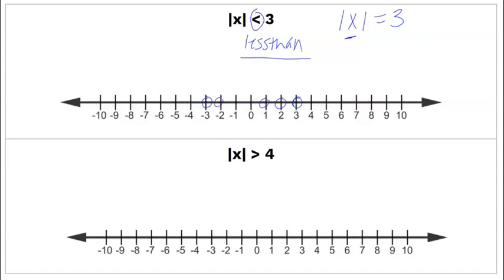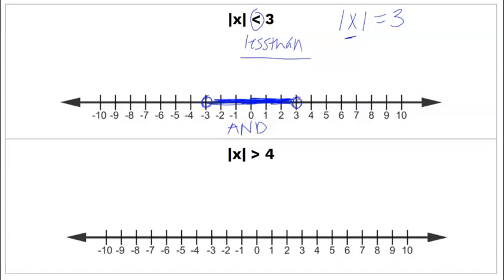Same with negative 2 and negative 1. So when we do a less than inequality, we're going to have an and compound inequality. So if we think back to Unit 3, Part 6, we talked about compound inequalities. So this one is one of those and compound inequalities because it's going to be those 2 values and then anything in between.